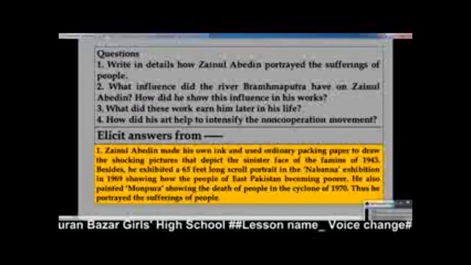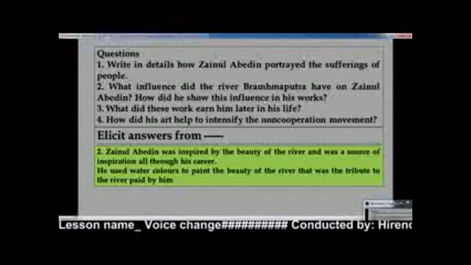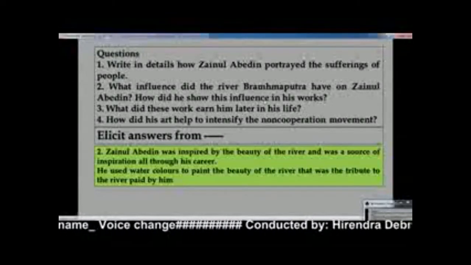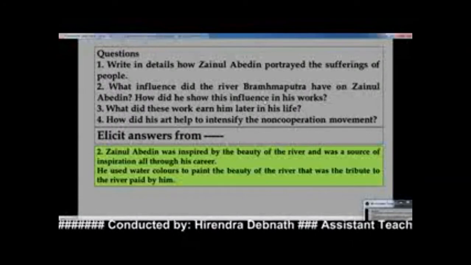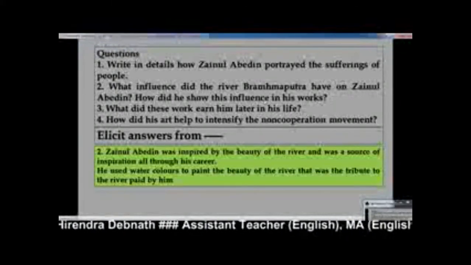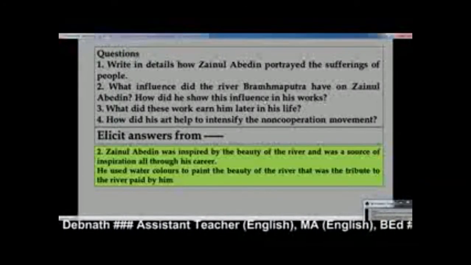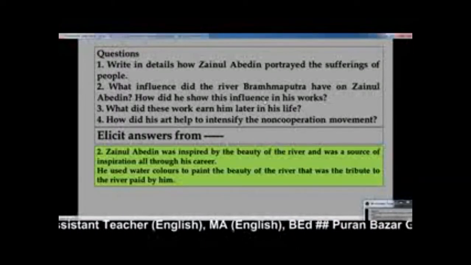What influence did the river Brahmaputra have on Zainul Abidin? Zainul Abidin was inspired by the beauty of the river and it was a source of inspiration all through his career. How did he show this influence in his works? He used watercolors to paint the beauty of the river.